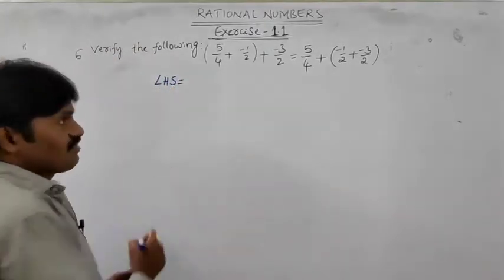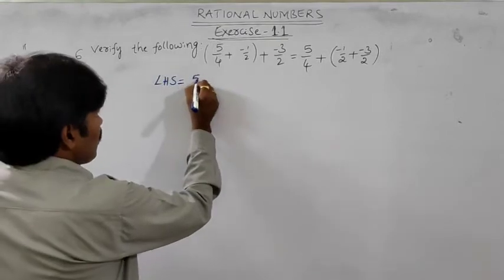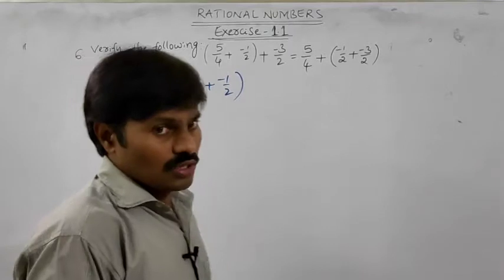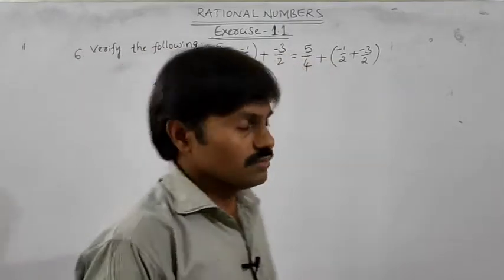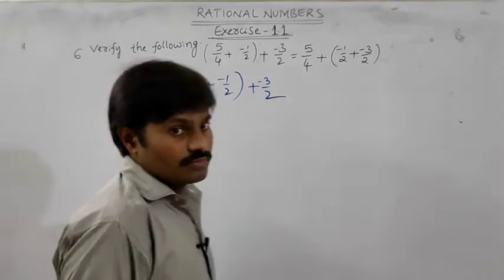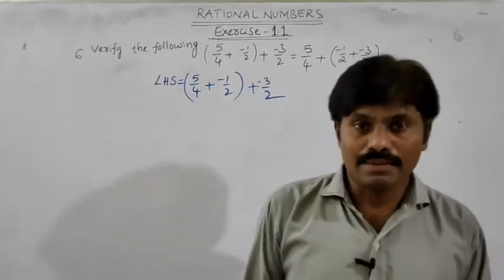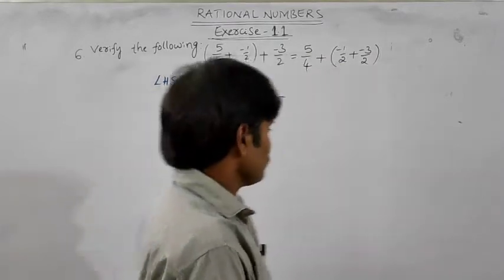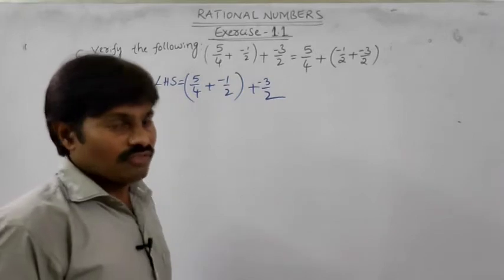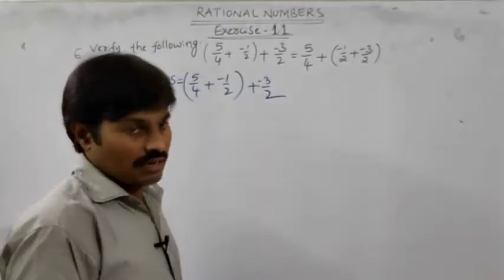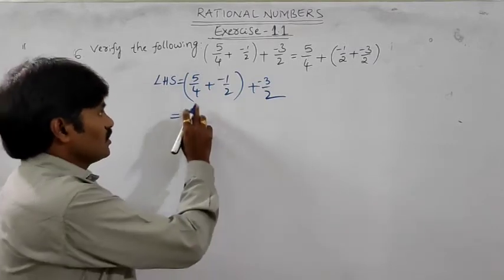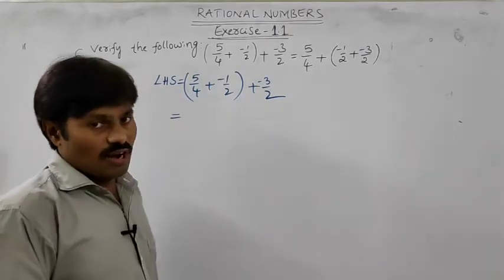LHS is equal to (5 by 4 plus minus 1 by 2) plus minus 3 by 2. According to BODMAS, I am going to simplify the bracket first. Observe the denominators 4 comma 2.